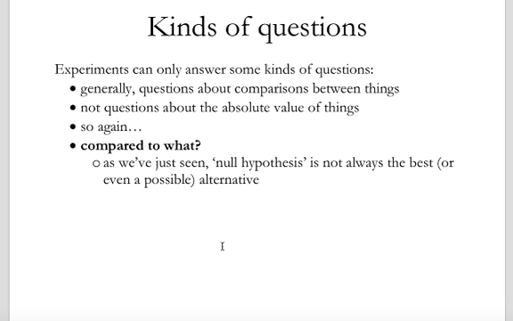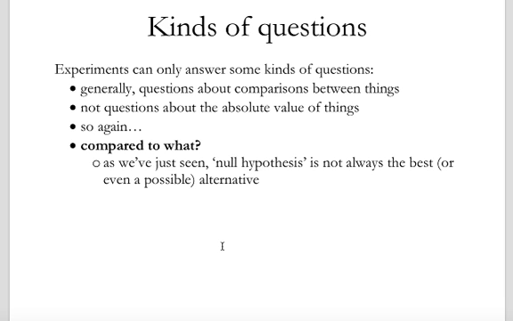But in anything that's related to human language or cognition or mental activity, this is very rarely the object of study here. It's not really an issue of being able to measure things or get their absolute value. We're almost always looking at comparisons between different things in human behavior or in the human mind.